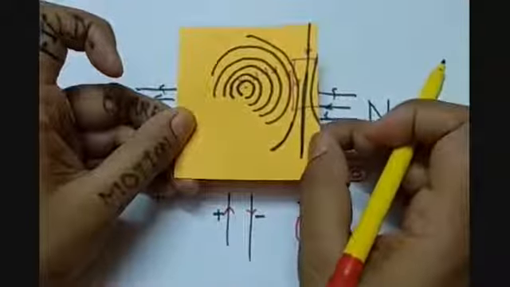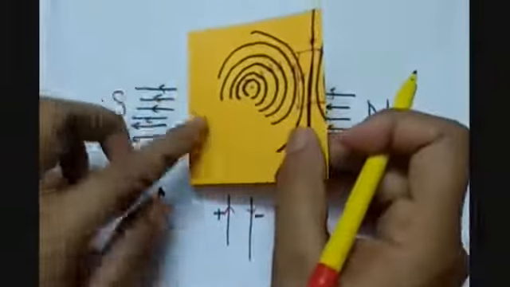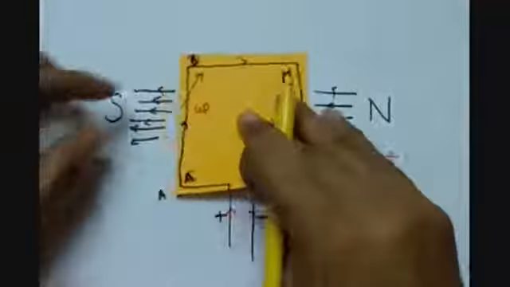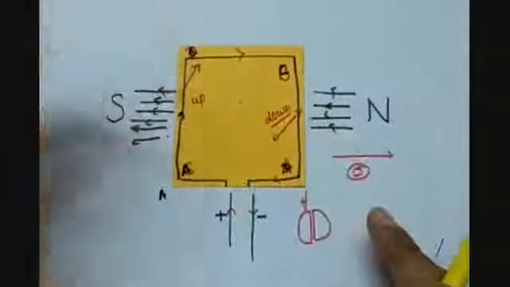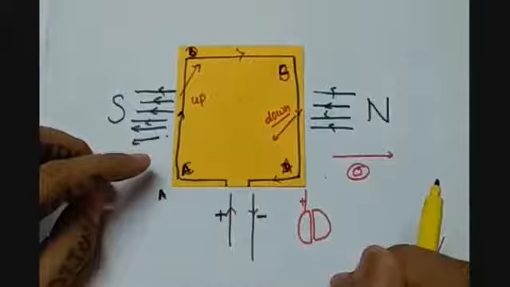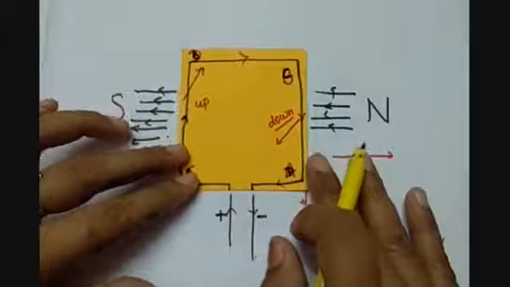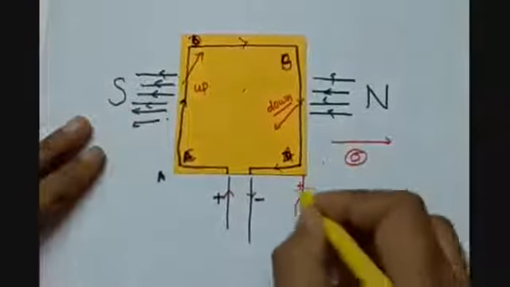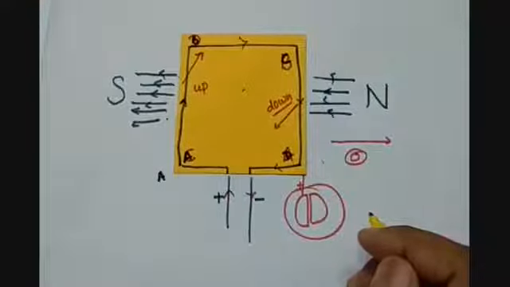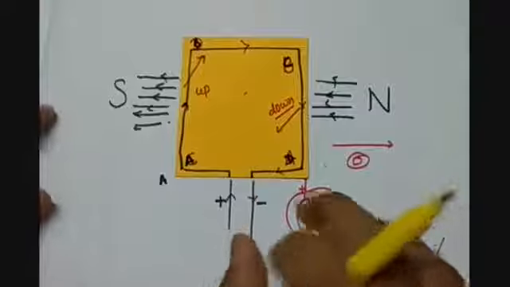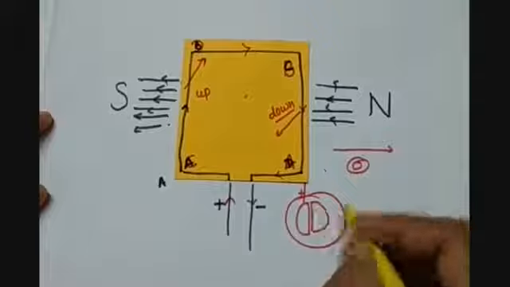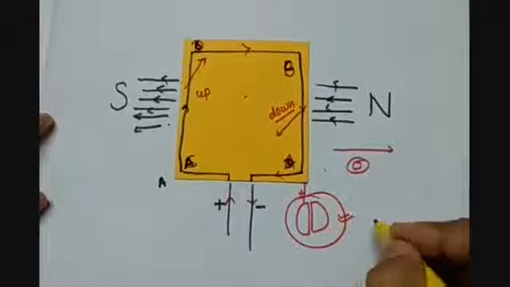So accordingly it will experience an upward force, and this will experience a downward force. So this will come back to its position. So that means after half a rotation, AB will come back to its position. But this will not work. So these split rings help us to change the terminals of the battery as the movement of the armature coil takes place. So this is the purpose of using split rings.